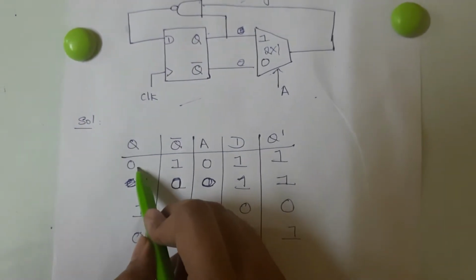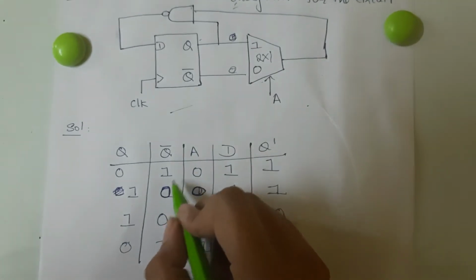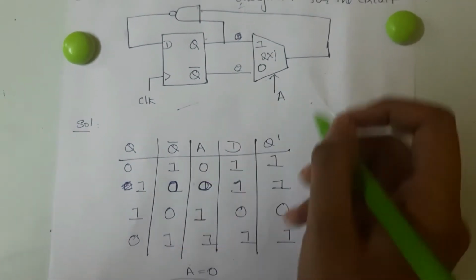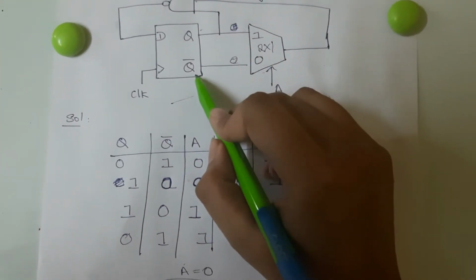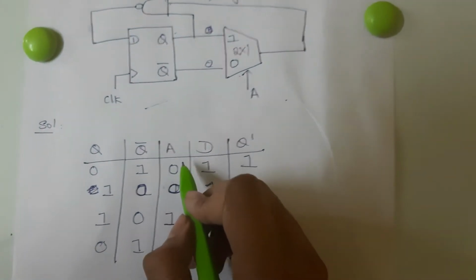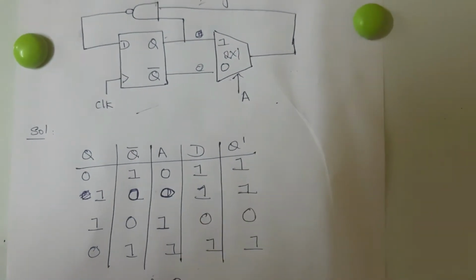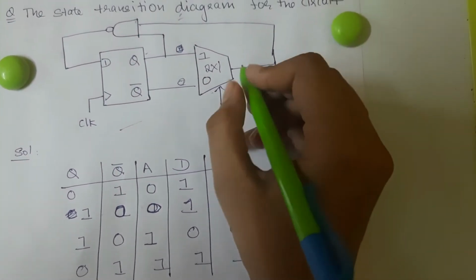I will assume my Q to be 0 first. So if Q is 0, Q bar will be 1. Next, if A is 0, it will take the value of Q bar. If A is 1, it will take the value of Q. So let me assume my A to be 0. If my A is 0, what will be my output here?